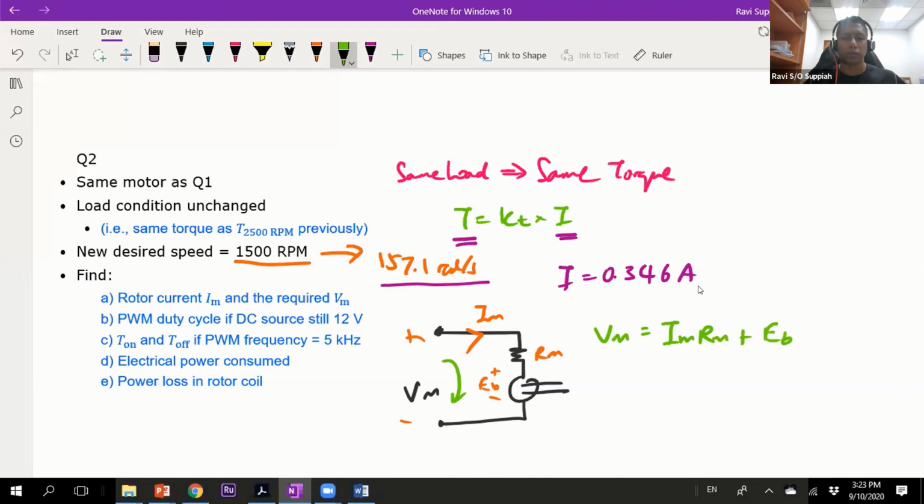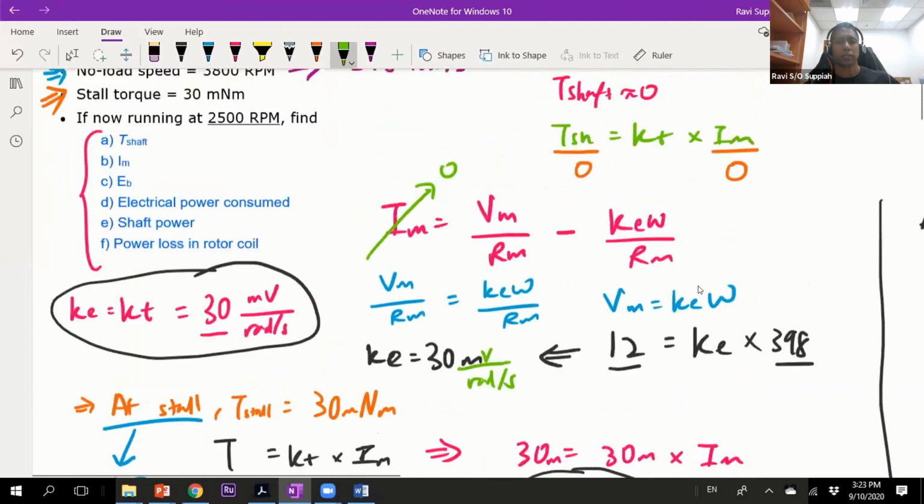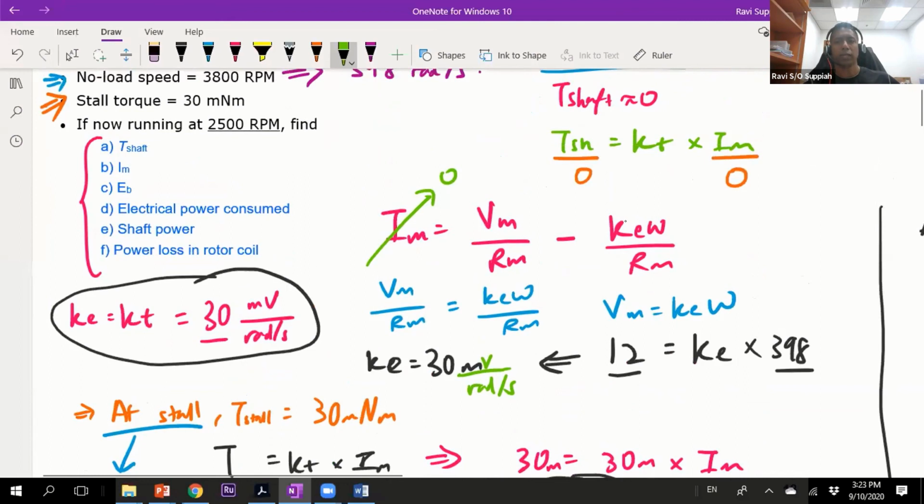Because the voltage source is equal to the voltage drop across the loop. So Vm will be Im Rm plus EB. That is why we are able to get the original equation, because we rearrange it to get Im.